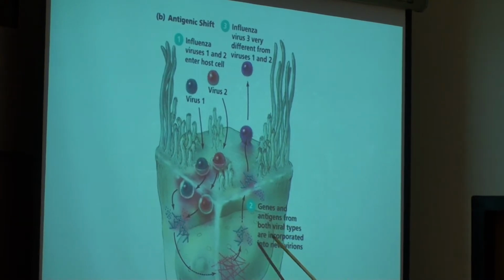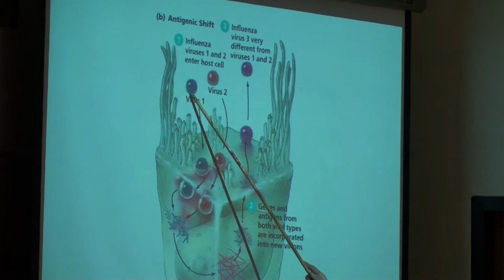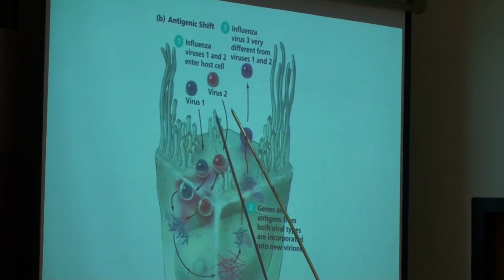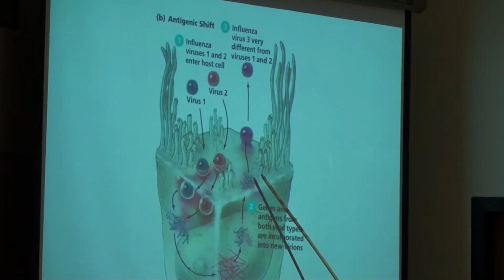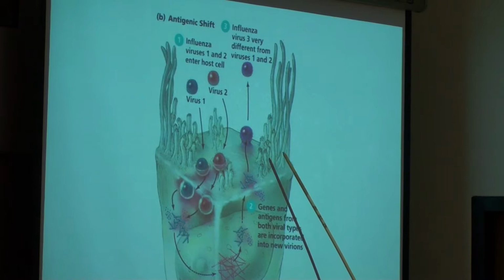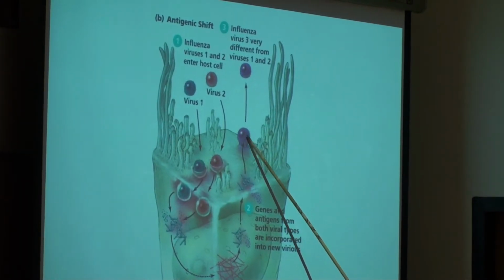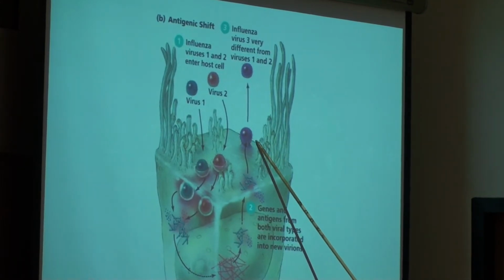The artist here has shown this, and this isn't true in nature, guys, but it's just to help us understand. The human influenza is blue, the avian influenza is red, they co-infect, we get reassortment, recombination of genes. So some of the newly replicated influenza viruses are what? Purple. Just showing a combination of the human influenza and avian influenza genes.